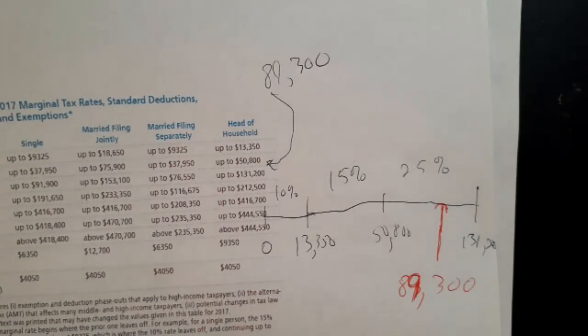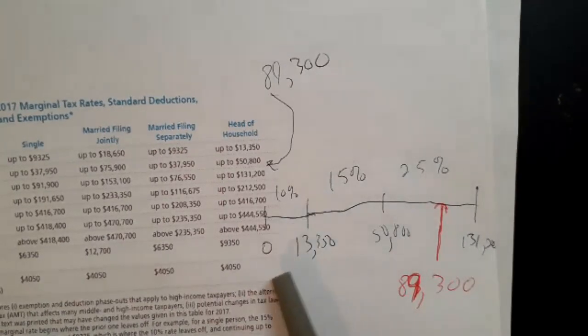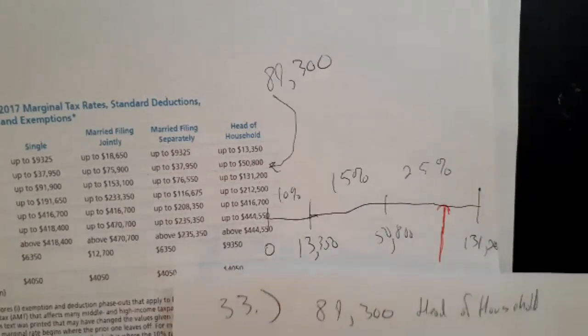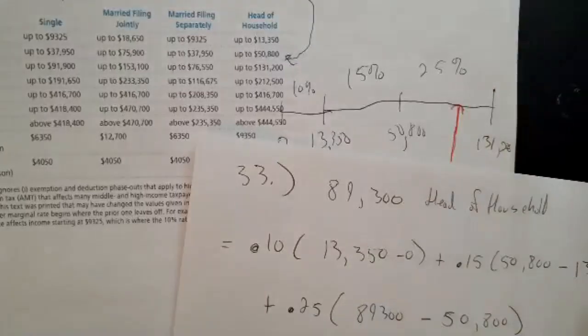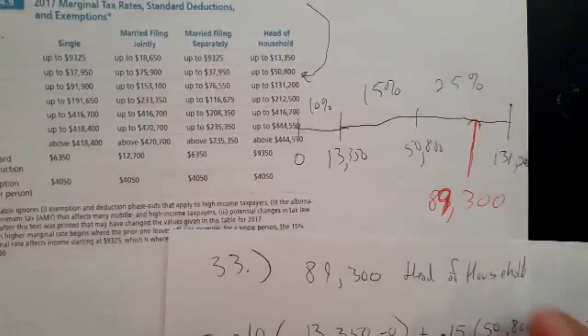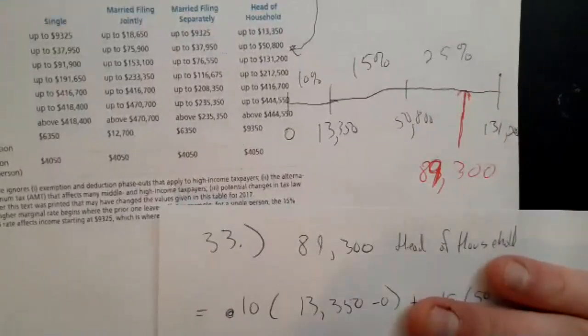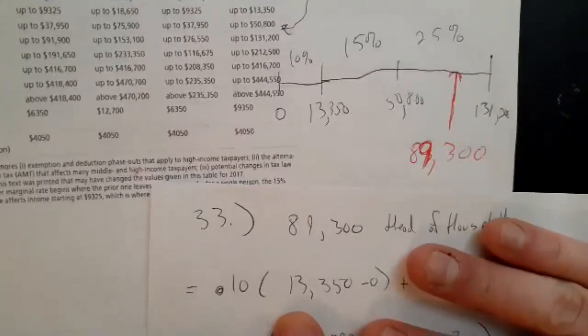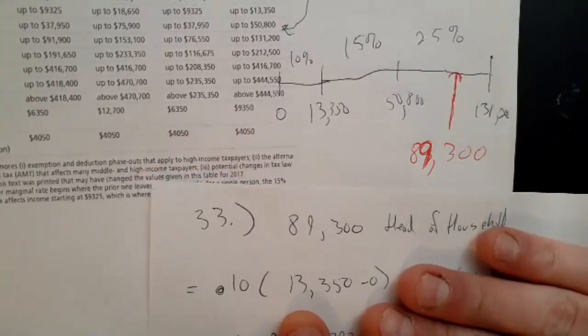And so if I want to do 10% of the first $13,350, this is the sort of picture in my head. If I want to do this first 10%, I'm going from 0 to 13,350.